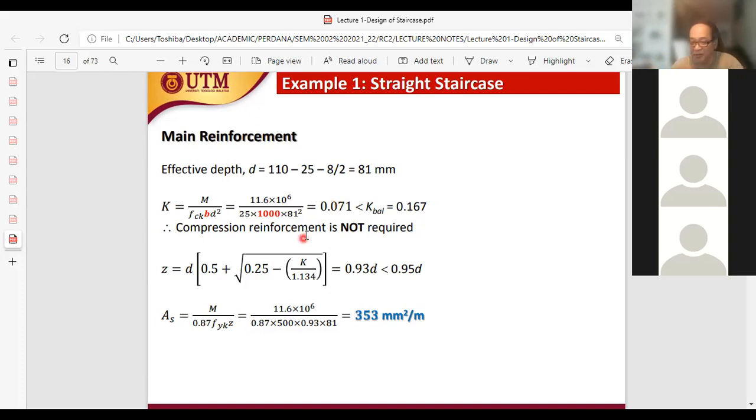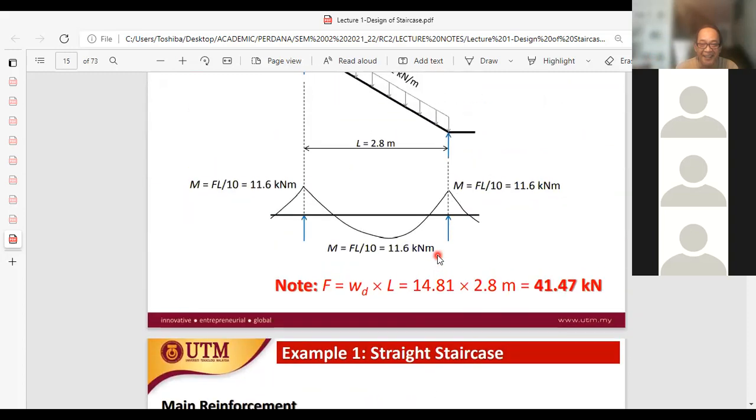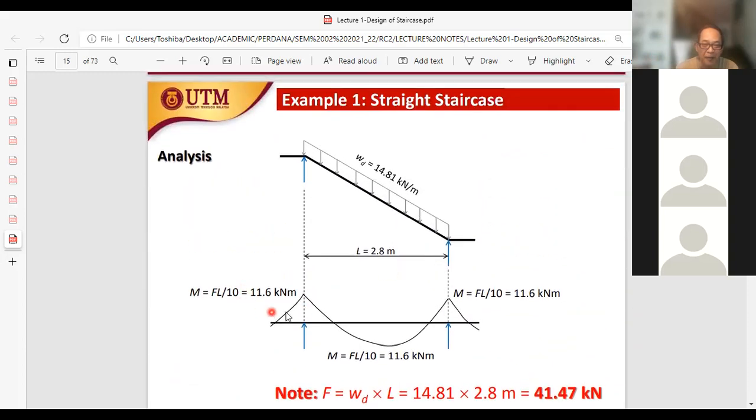Okay. So yang ini basically the first part of the equation is to check whether it is a singly ataupun a doubly reinforced punya section. Okay. And I have never come across normal staircases yang doubly reinforced, belum lagi. Semuanya singly reinforced. The argument being the bending moment we are dealing with is 11, 12, paling besar pun mungkin 20, 30 kilonewton meter.